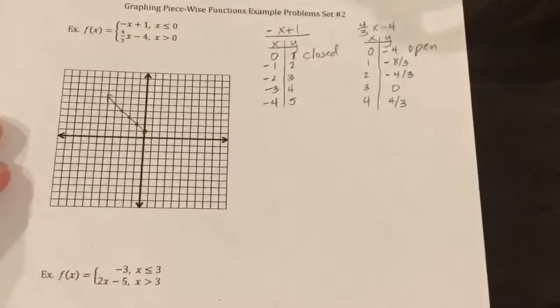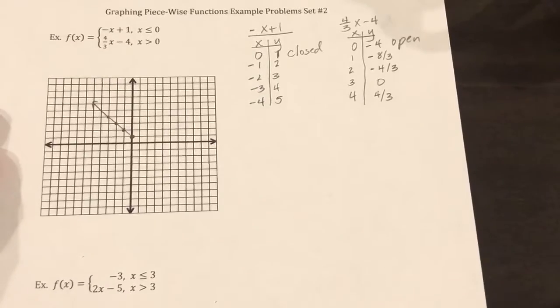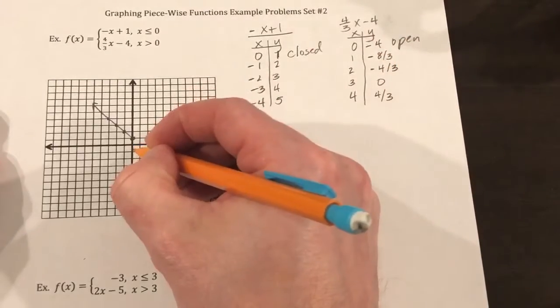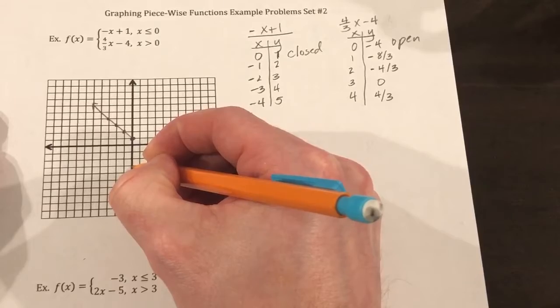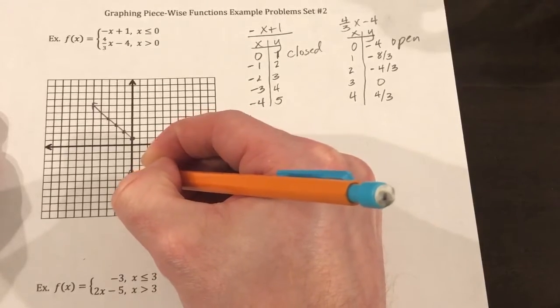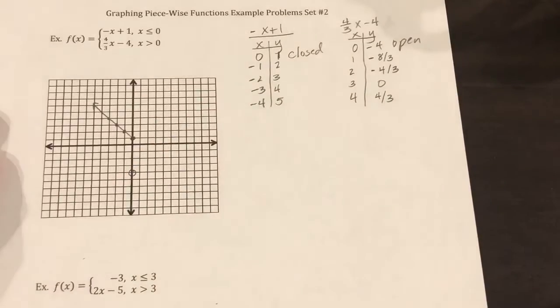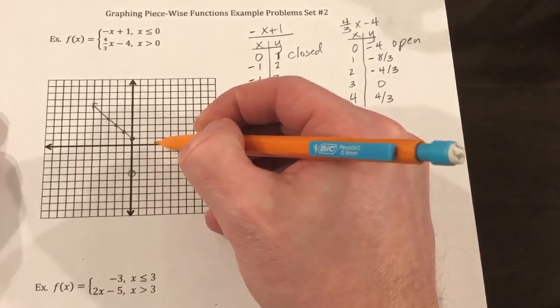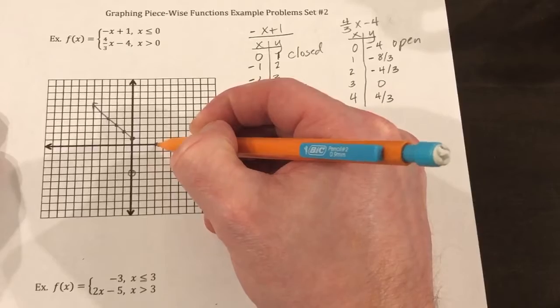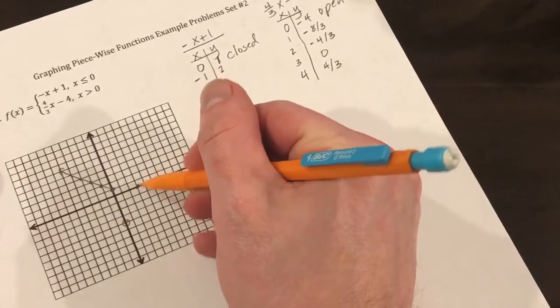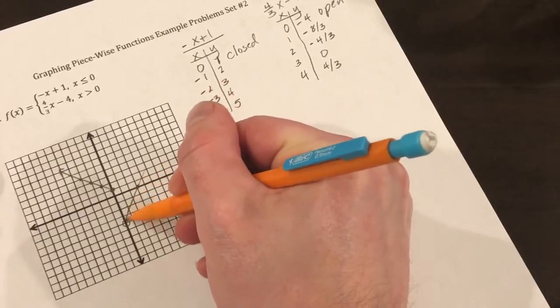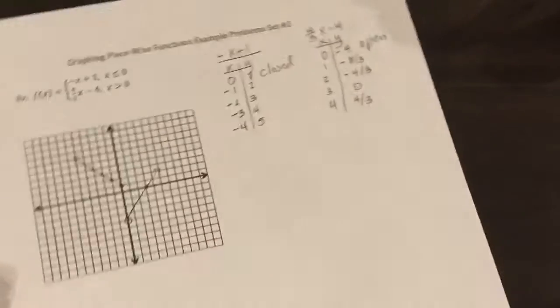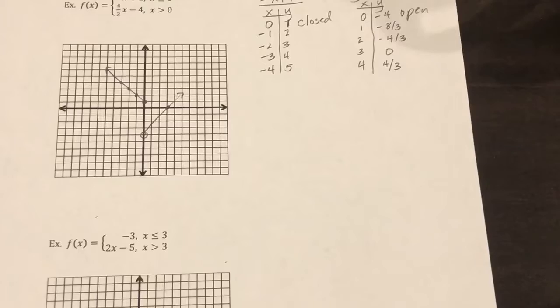Then we're going to do the point 0, -4, and it's going to be open. Another good point is going to be point 3, 0. I would just go through those points and make it the best you can. So that's your graph.